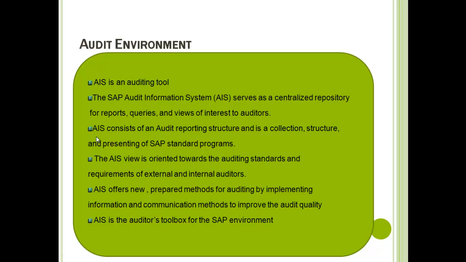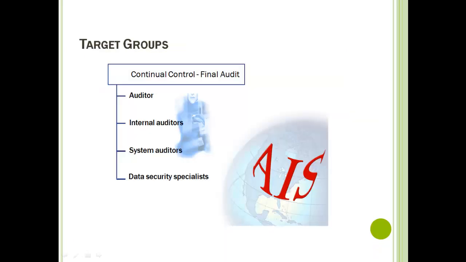AIS consists of audit reporting structures in a collection of structures. AIS is basically meant to fulfill the requirements of internal and external auditors, and it also provides a new preparation method for audit standards or audit quality.